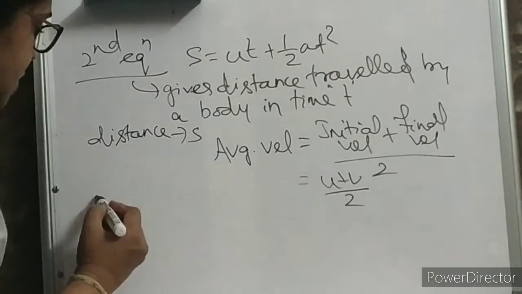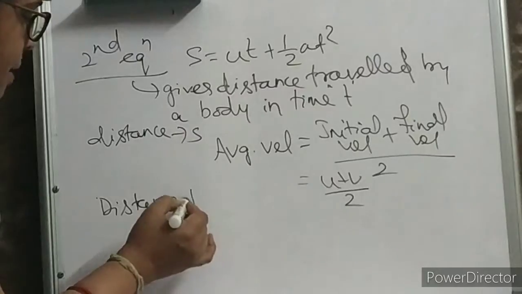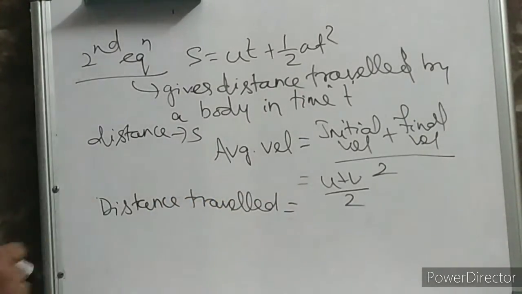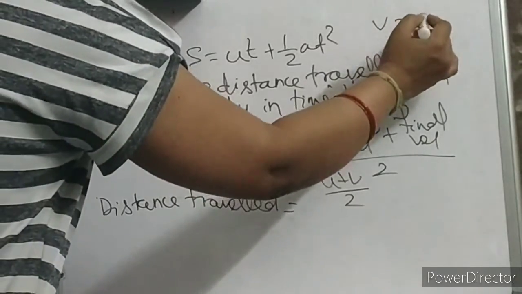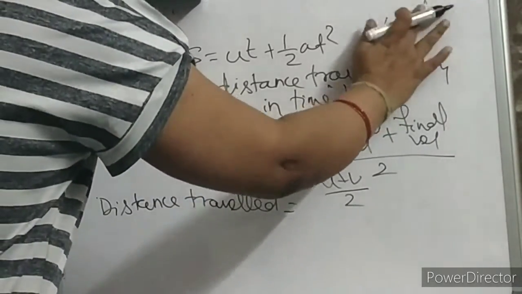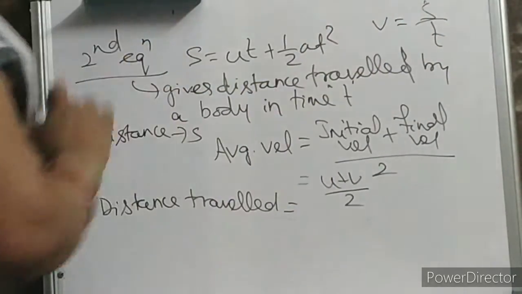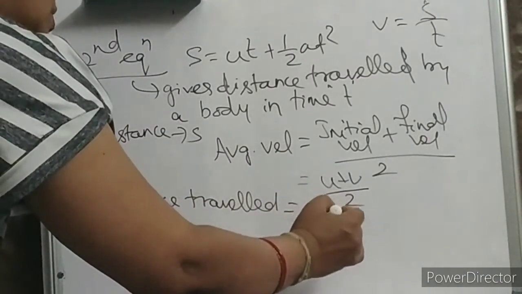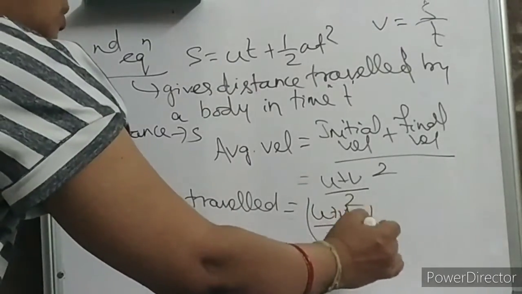Then what is distance travelled? We have already studied that velocity is distance divided by time, or s/t. So distance travelled is average velocity into time taken. So we write (u + v)/2 into t.